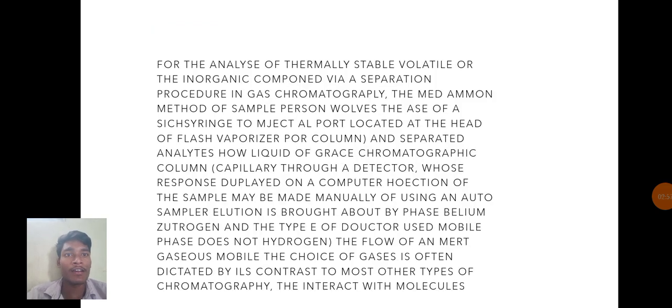For the analysis of thermally stable volatile or inorganic compounds via a separation procedure in gas chromatography, the method of sample introduction involves a syringe injected into a port located at the head of a flash vaporizer, passing to the column, and the separated analytes are detected, with the response displayed on a computer.